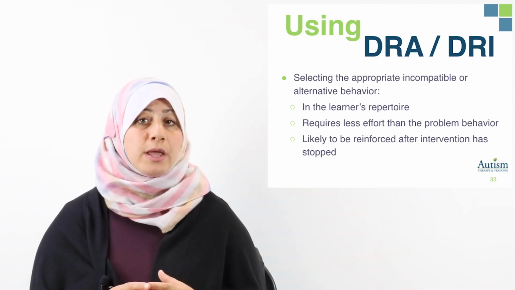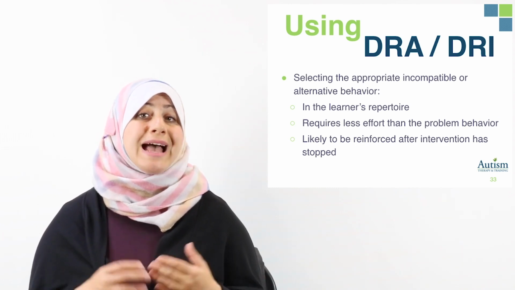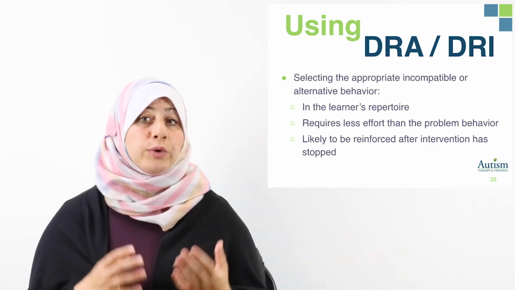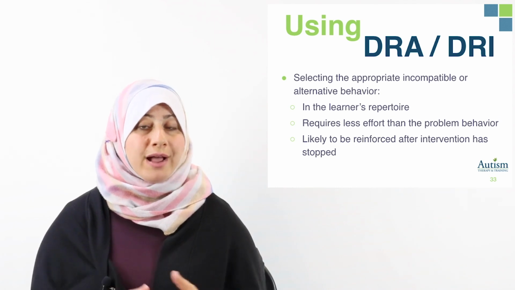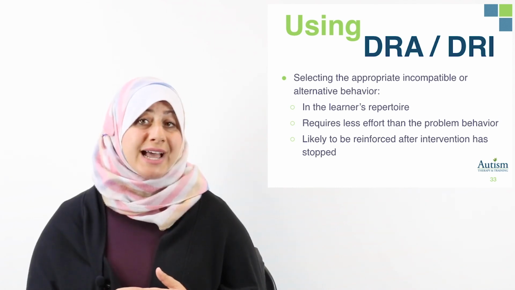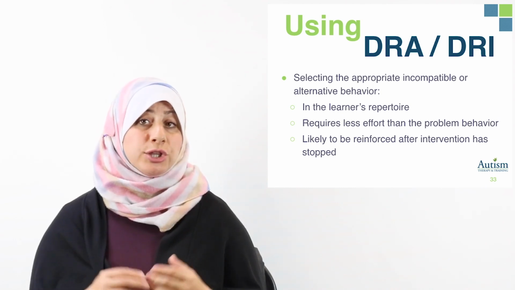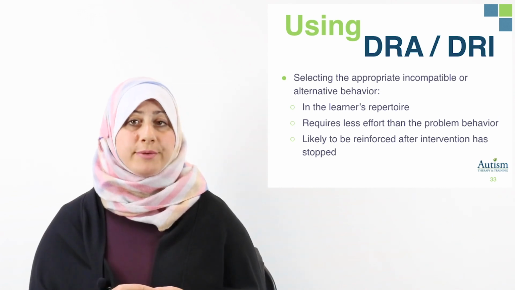And lastly, we want to ensure that the behavior is likely to be reinforced after intervention has stopped. We don't want to teach a behavior, reinforce it at school, but then it doesn't get reinforced anywhere else. If a behavior doesn't access reinforcement in other environments, we can't guarantee that the new behavior will successfully take over the problem behavior.